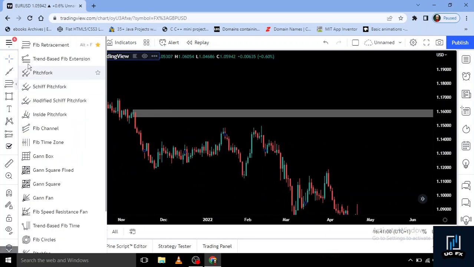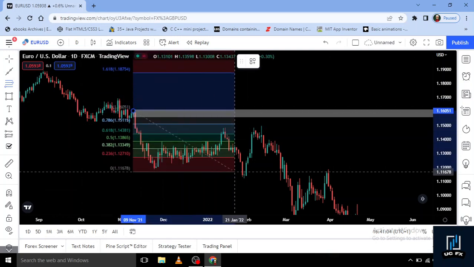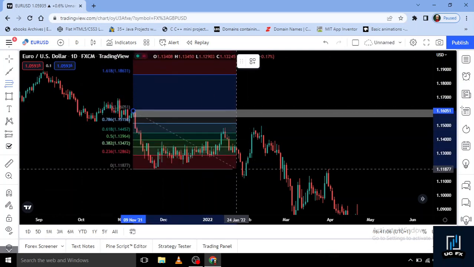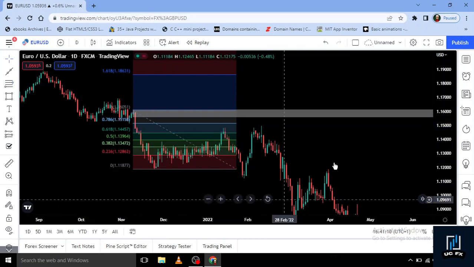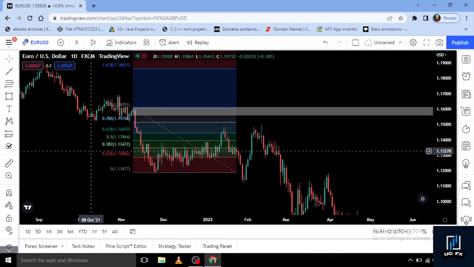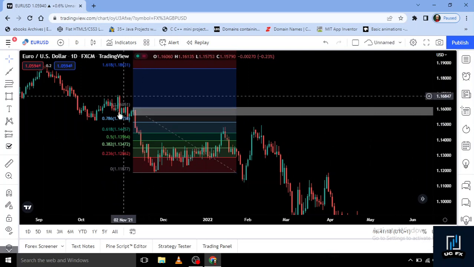Let's take our fib. You drag it from this point to this point. From this point, your equilibrium price is basically the 0.5 of the fib, considering a certain range.